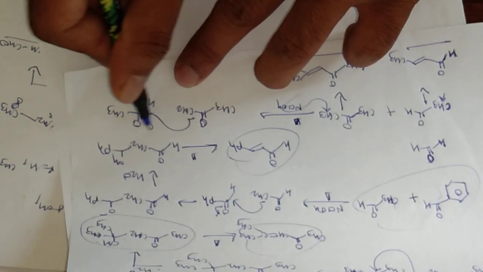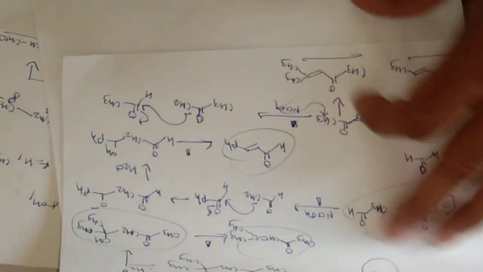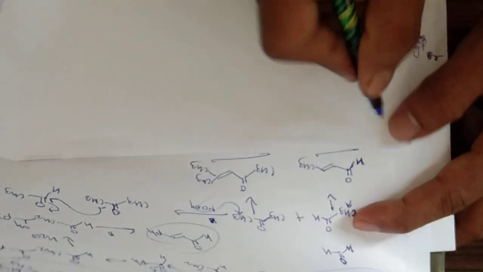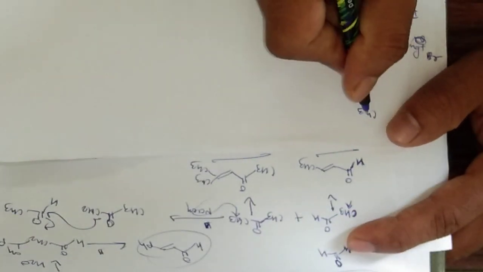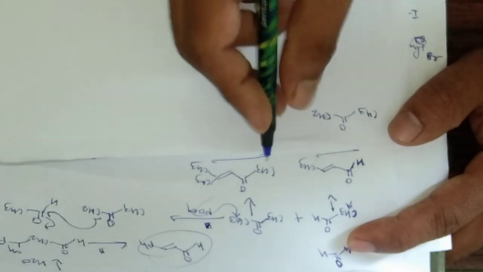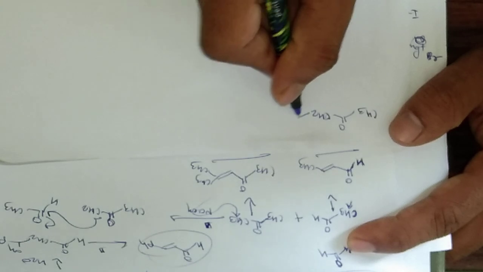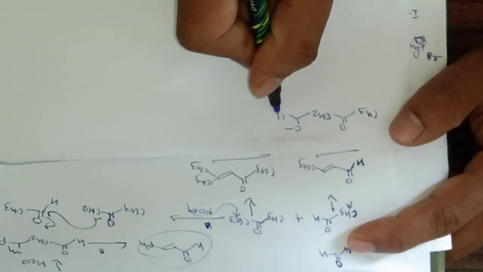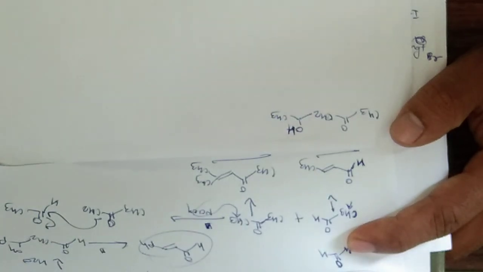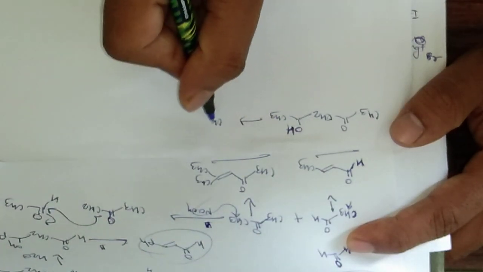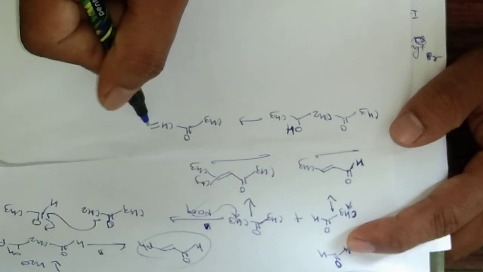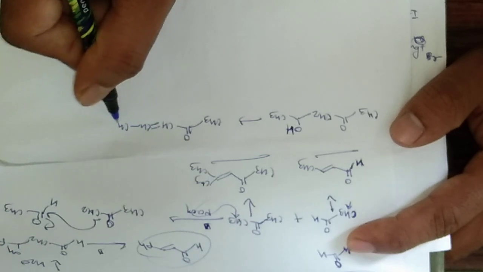This bond will open, and the formula is CH3-C(=O)-CH2-CH(O minus)-CH3. After workup, hydrogen will come here. After dehydration: CH3-C(=O)-CH=CH-CH3.